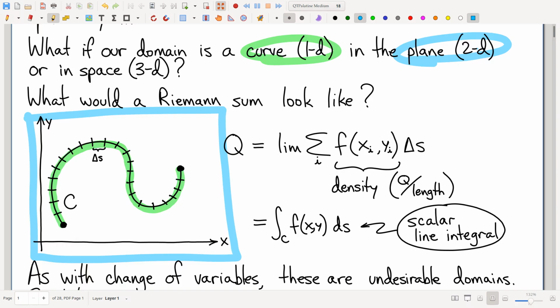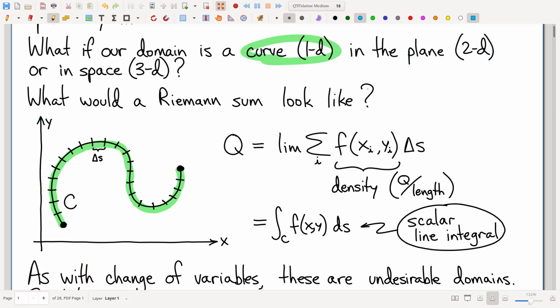And here's the big idea. The idea is all of our accumulation arguments are where I take my domain, whatever my domain is, I chop it up into little pieces, like so. I'm going to add up over all of those pieces.